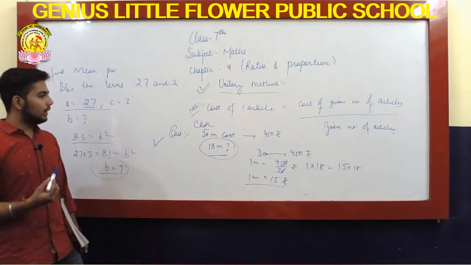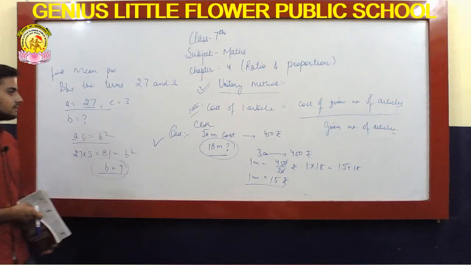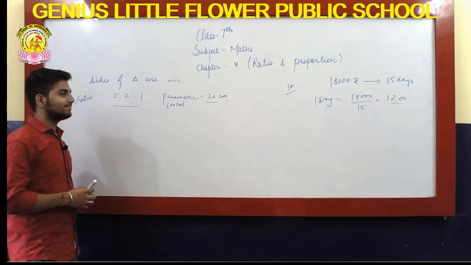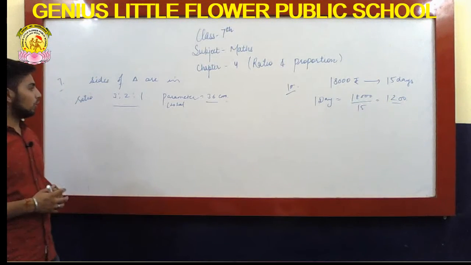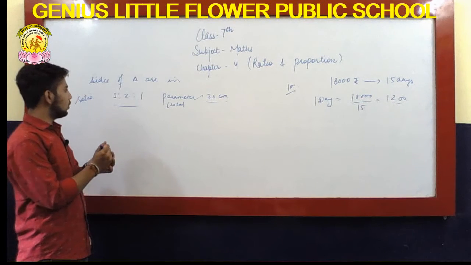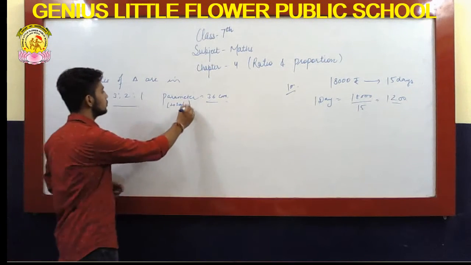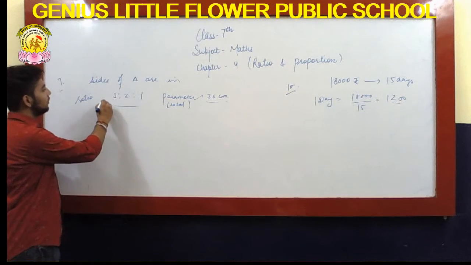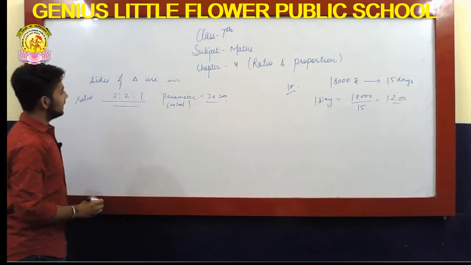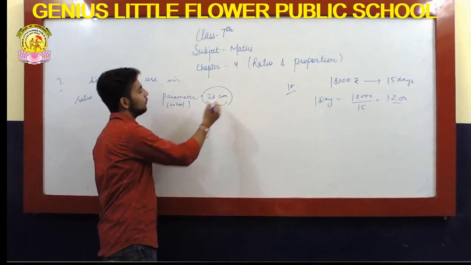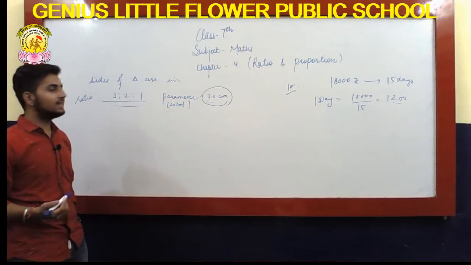So now moving to our next exercise, which is exercise 4.1. In this exercise we are going to solve some of the more typical questions, as the easier ones you can solve yourself. So we are going to do question number 7. You are given the ratio of the sides of a triangle, 3:2:1, and the perimeter. The total length of the triangle is given as 36 centimeter.